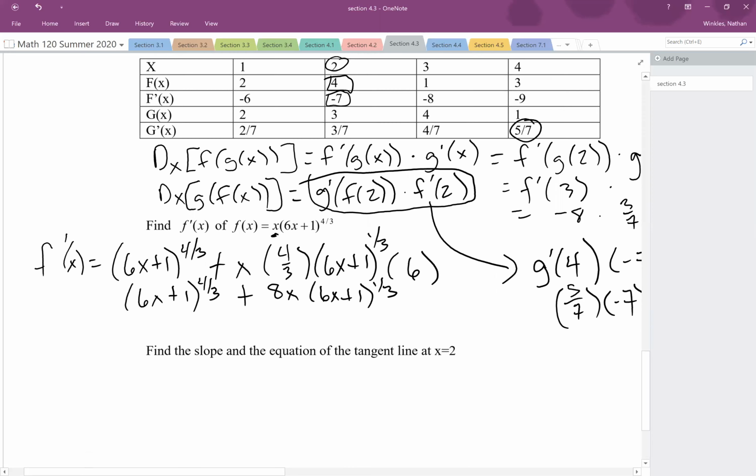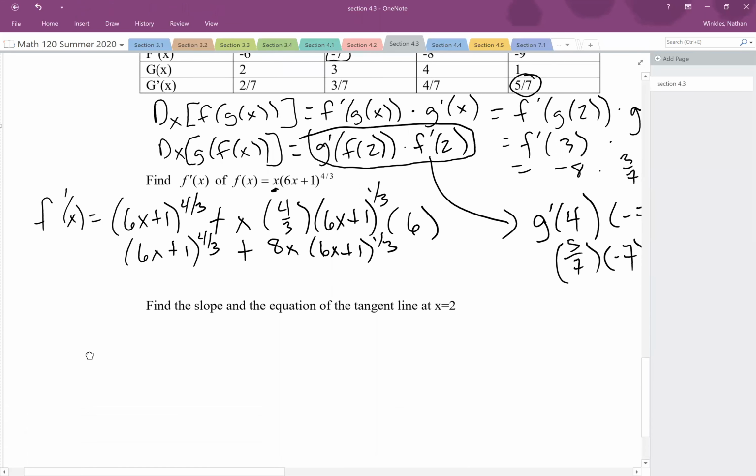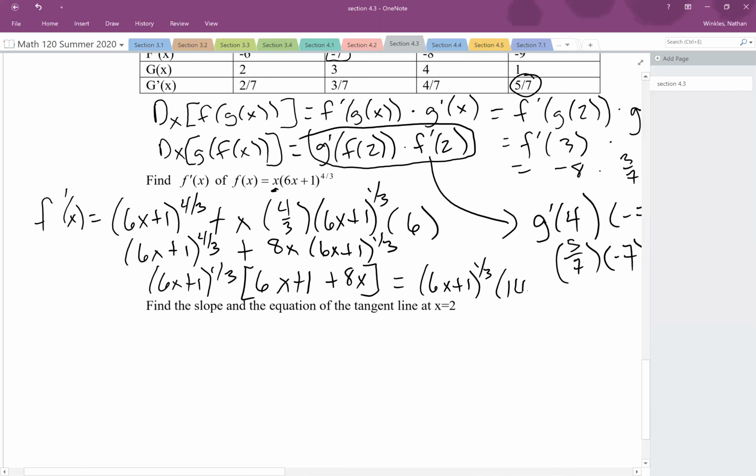We could do some algebra here. We could factor out a common factor of (6x plus 1) to the 1/3, and then have that times (6x plus 1 plus 8x). So we could have (6x plus 1) to the 1/3 times (14x plus 1).